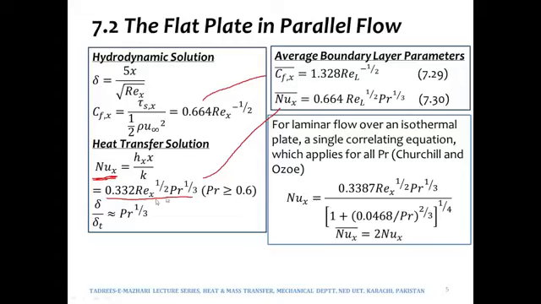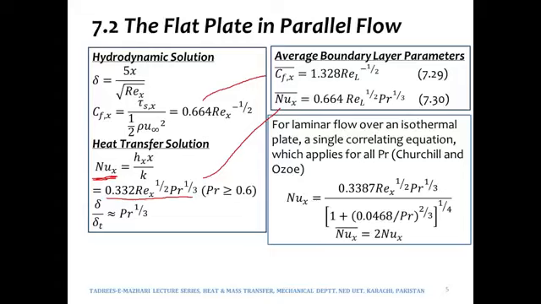So we would be calculating Reynolds number and Prandtl number, right? With the help of this expression or this expression, we will be able to find out Nusselt number, and once we find out Nusselt number, we will then equate it to hL over k to find out the value of h, because h is not required in Reynolds number or Prandtl number, right?